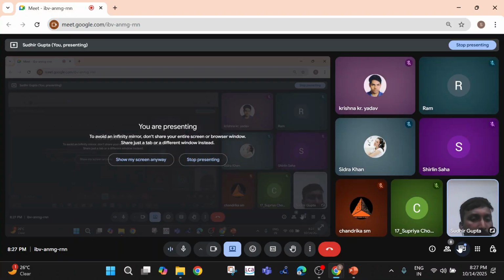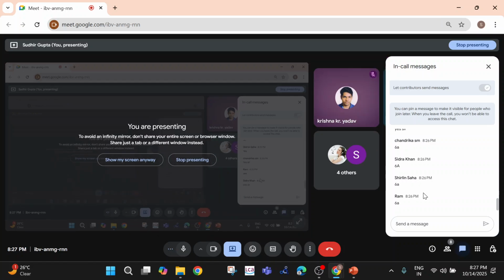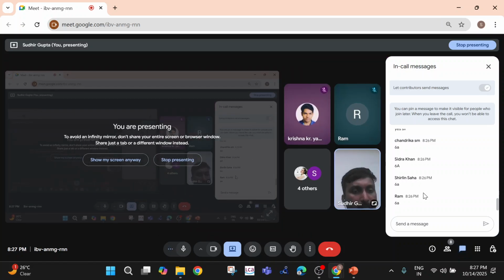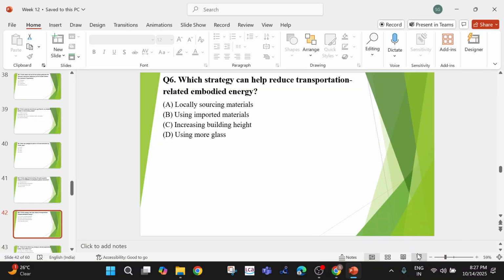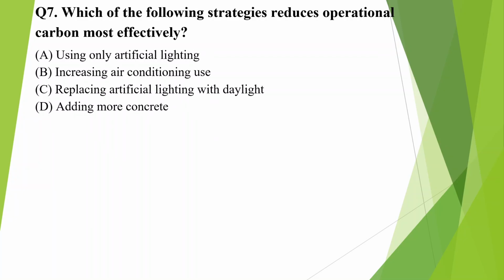How many of you have answered it correctly? Let me check. Yeah, all of you have answered it correctly. Good. So let us move quickly to the next question. Here is the next question, question number 7. For all who have completed, try to solve question number 7.